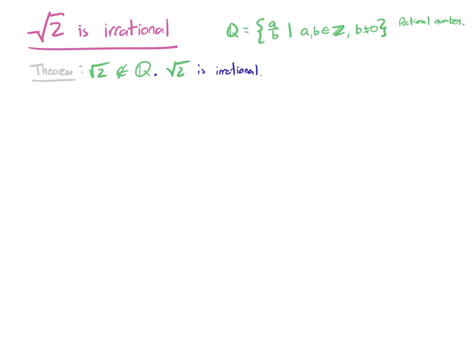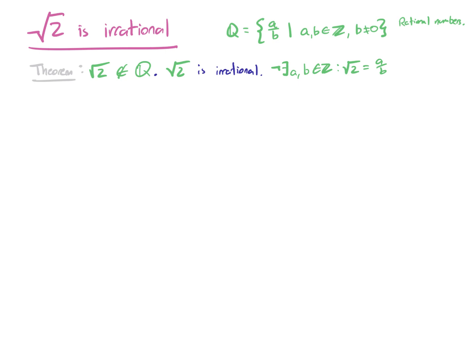And another way to write this is that there does not exist a or b in the set of integers such that the square root of 2 is equal to a over b.